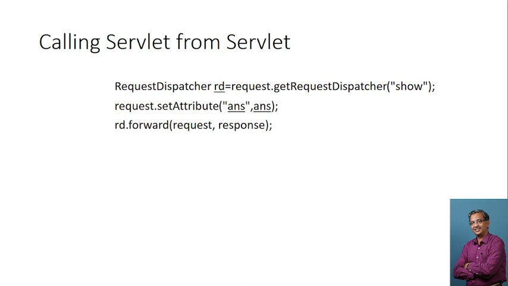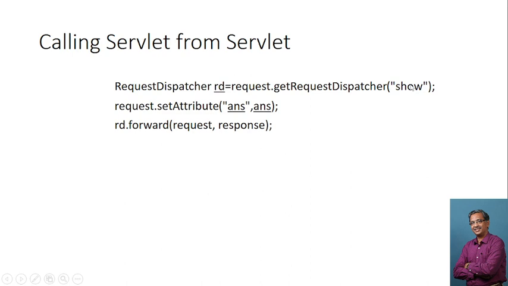Here, to call a servlet from a servlet, we create the object of RequestDispatcher. To this RequestDispatcher we are creating one object rd, which we are creating from request.getRequestDispatcher. So whenever we are using rd, automatically it goes to the new page called show.